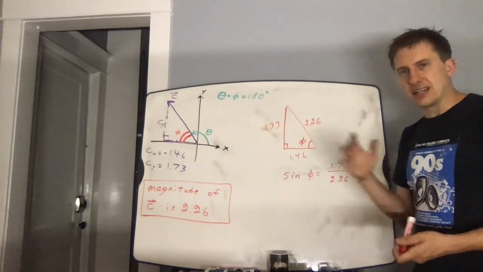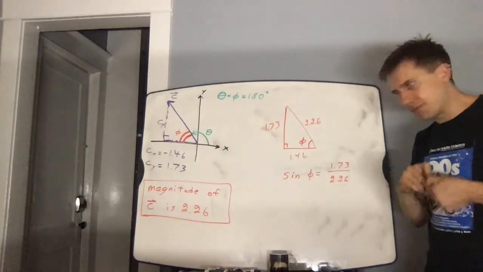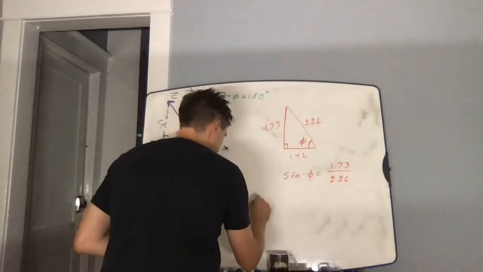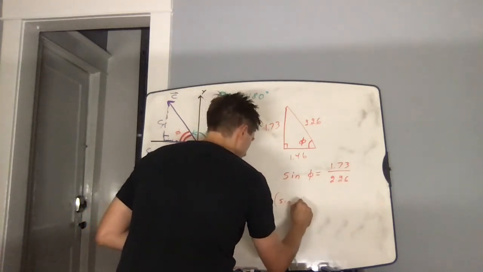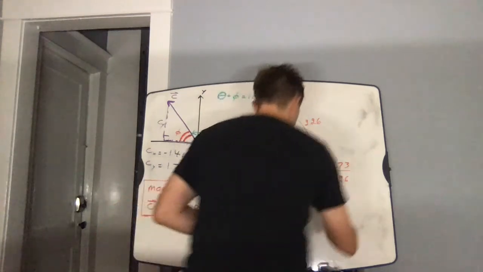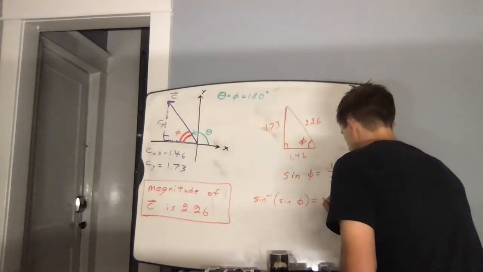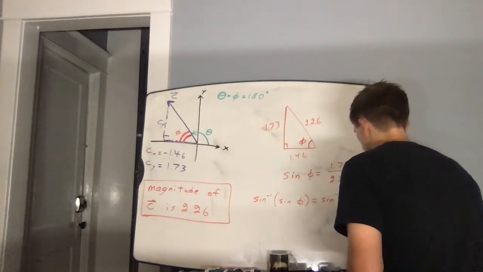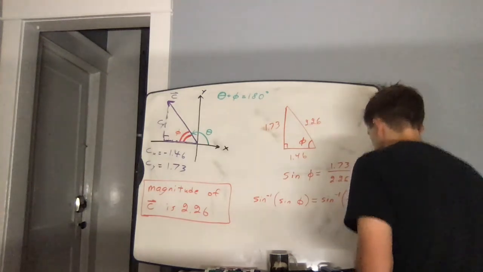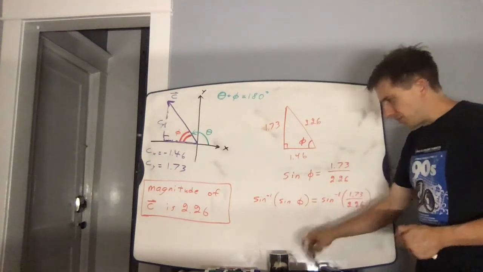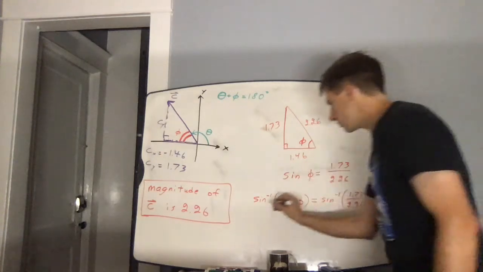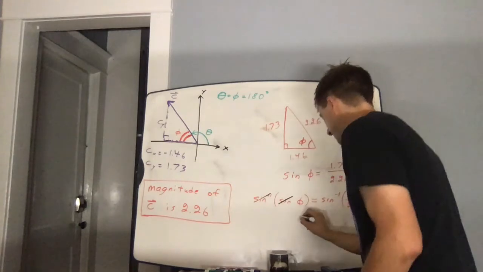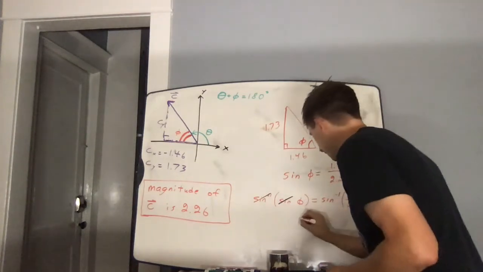Now I will take sine inverse of the left and right side. So sine inverse of sine phi is equal to sine inverse of 1.73 over 2.26. We said before that if you have sine inverse and sine, they will cancel each other out, and all that's left here is your angle phi.